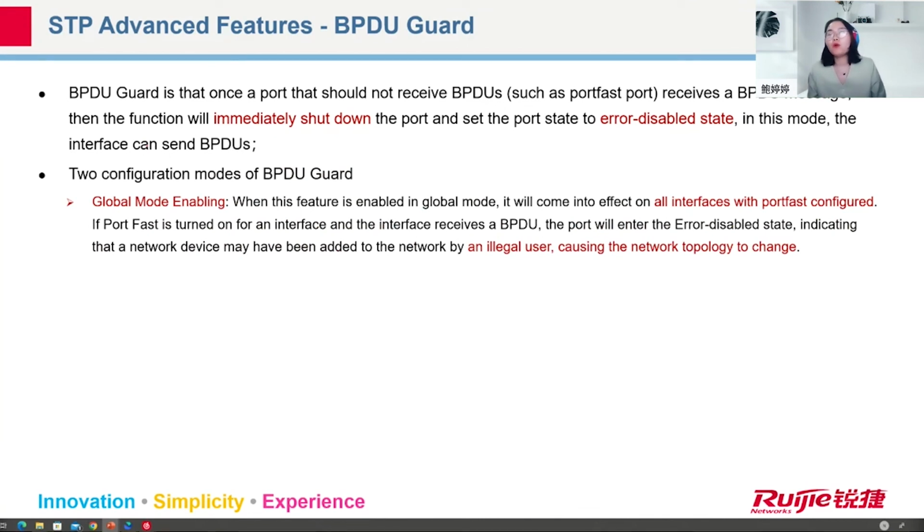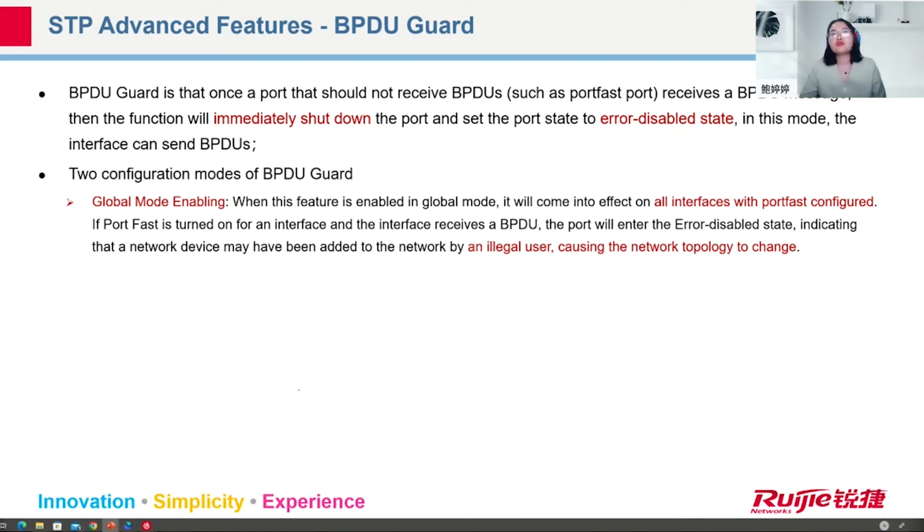Okay, and we have two modes to do the configuration. One is global mode enable, and another one is interface enable. If we enable this function globally, and then you also add port fast on the interface, all such interfaces will get this feature. But normal interfaces don't have any effect from this feature.